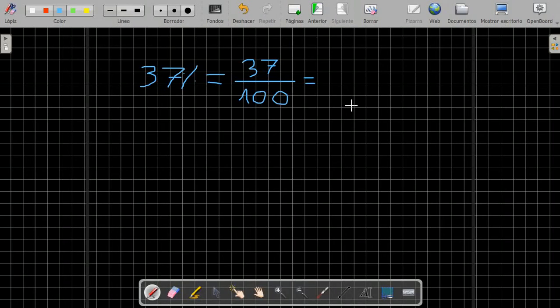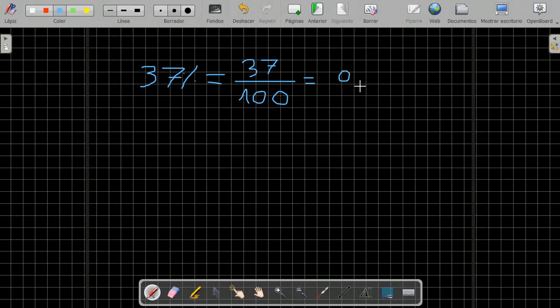And remember, every fraction is also a division, and a division by the unit followed by zeros is very simple. You just have to move the point as many places as the amount of zeros that you have. Since we have 2 zeros, we will have to move the point 1 and 2 places.